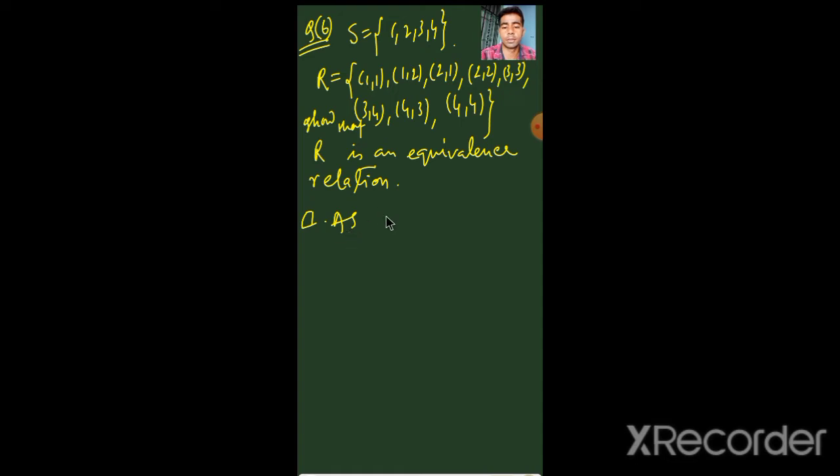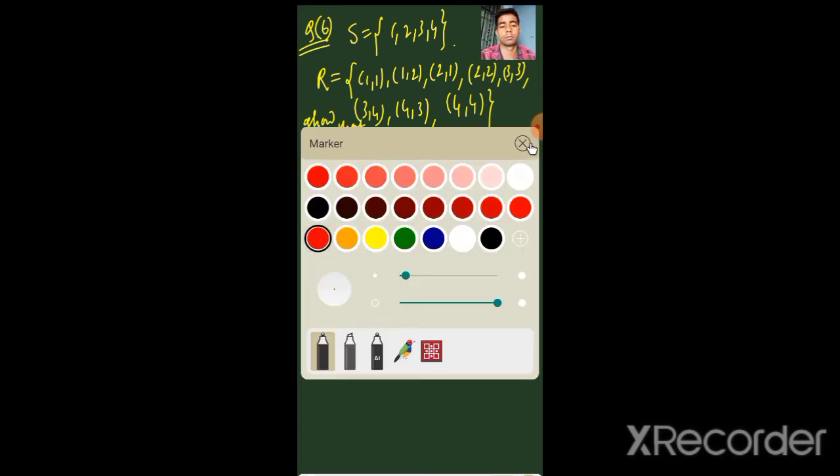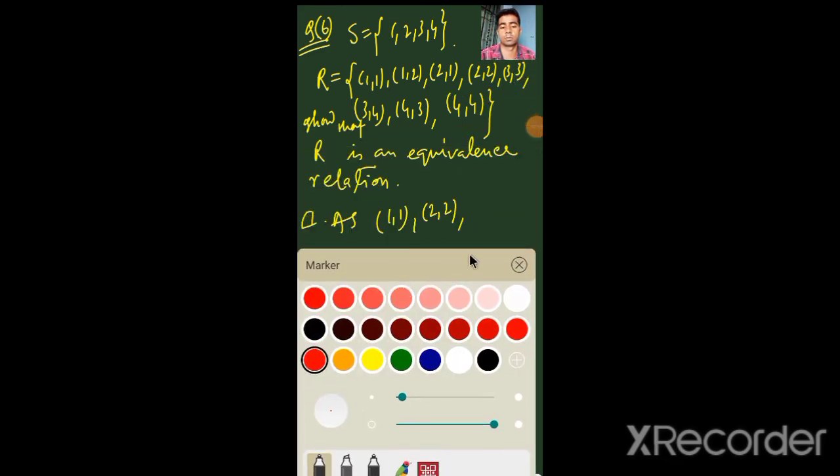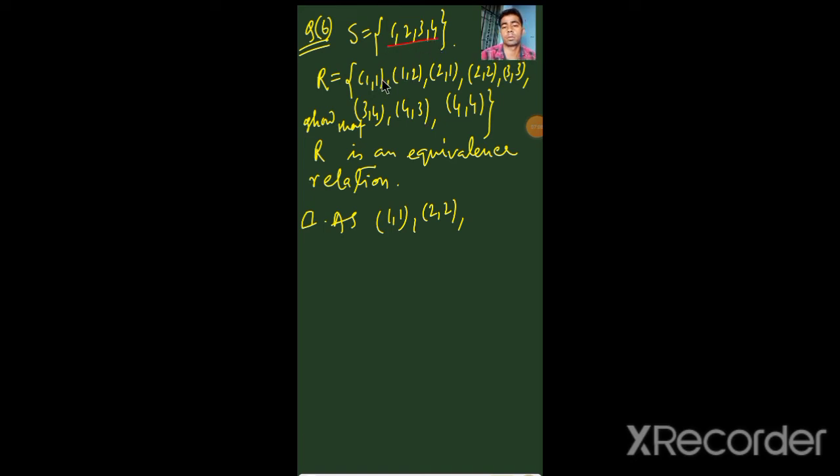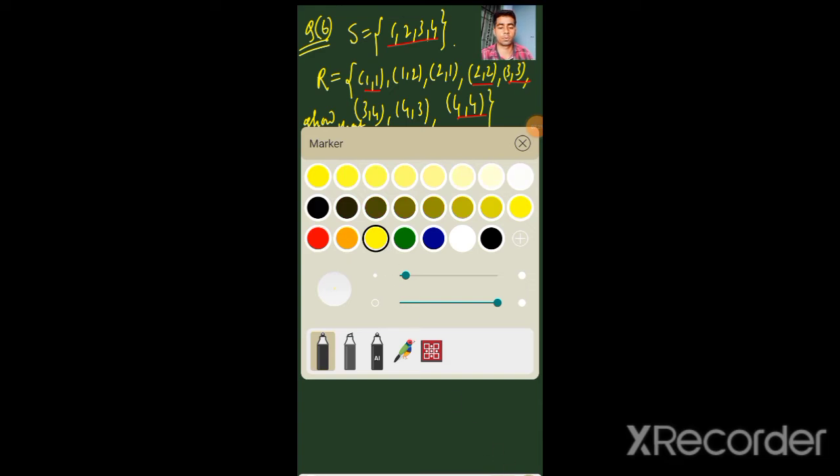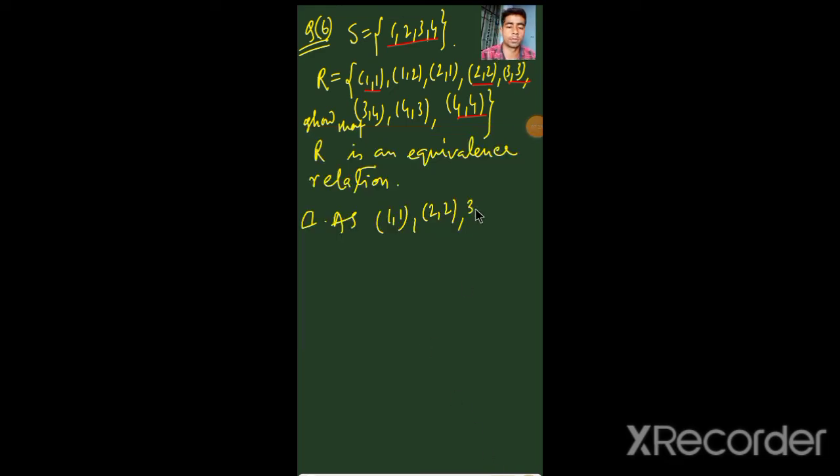It is clear that 1, 2, 3, 4 belong to the set S. (1,1), (2,2), (3,3) and (4,4) all belong to the relation R. Hence, R is reflexive.